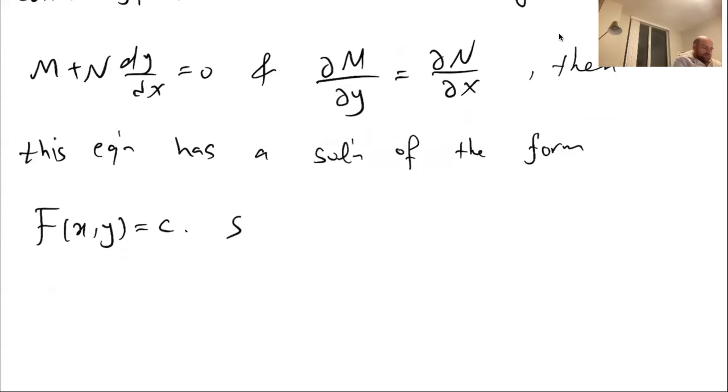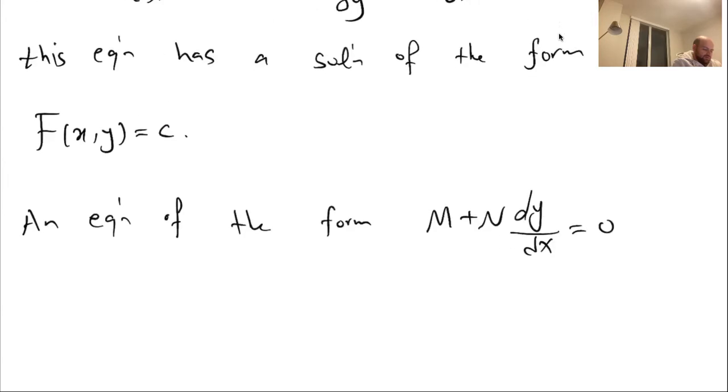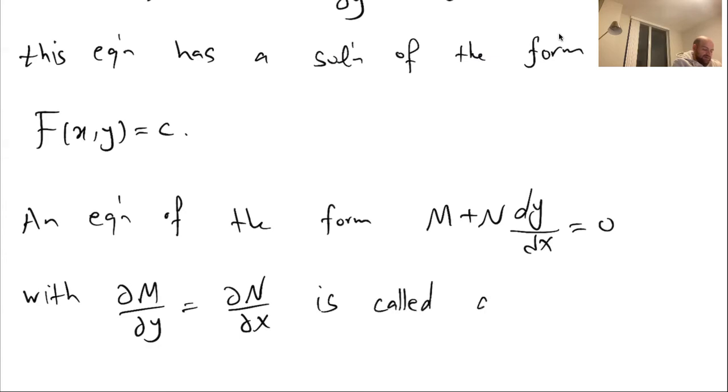So an equation of the form M plus N dy/dx equals 0 with the partial derivative of M with respect to y equal to the partial derivative of N with respect to x is called exact. It's called an exact equation.